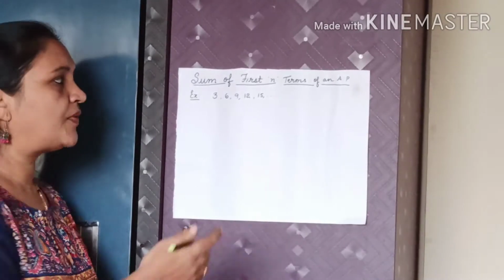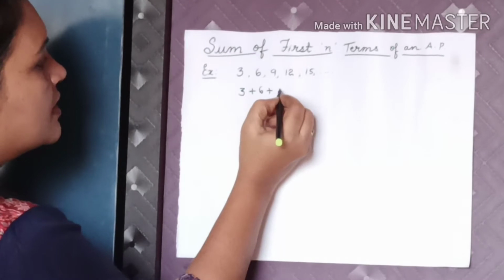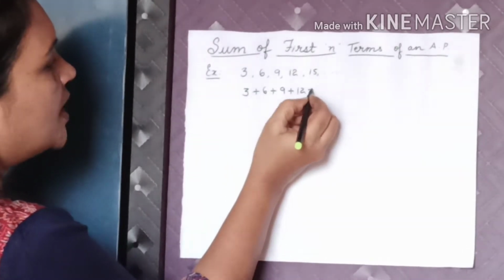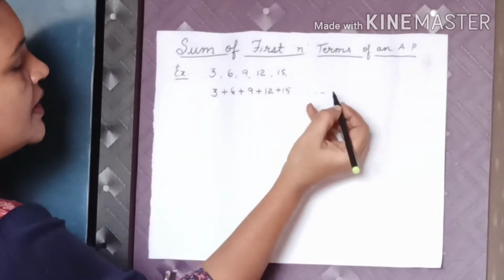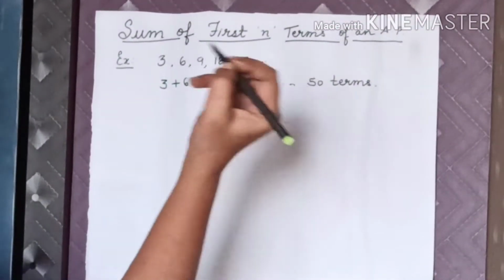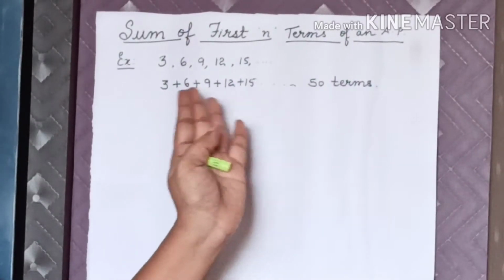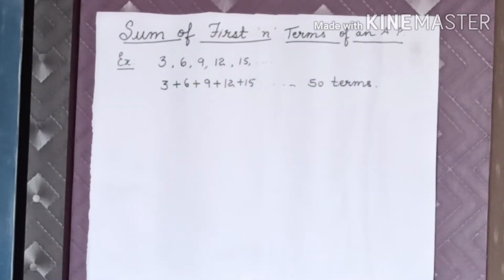Now we want to find the sum of the terms 3 plus 6 plus 9 plus 12 plus 15. Maybe this may contain 50 terms. Now we must find the sum of the first 50 terms of an AP.